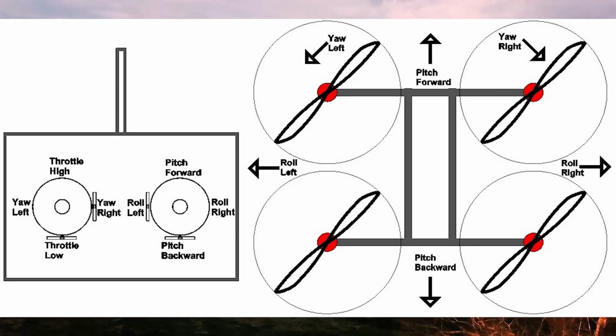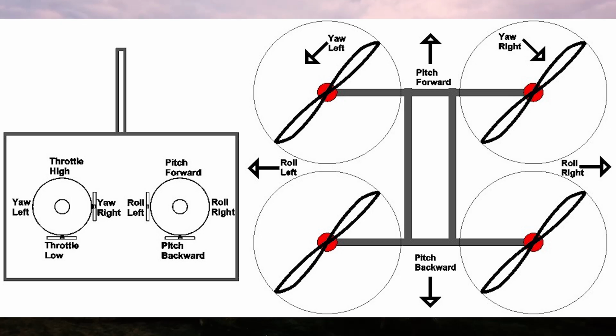For this piece, on the left-hand side, you have the remote control itself. On the right side, you have a very simple line illustration of the drone itself. So on the controller, your left stick, and that's what the little joysticks are called, they're just called sticks, the left stick controls the altitude.